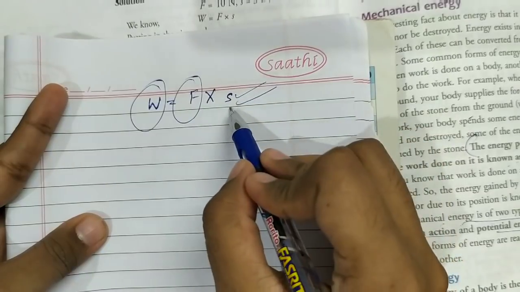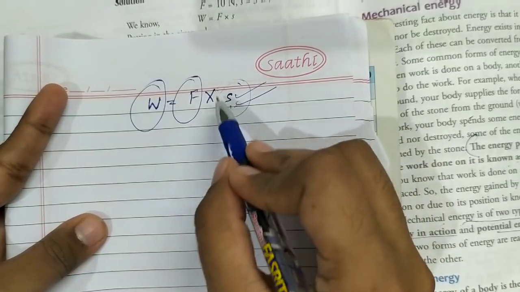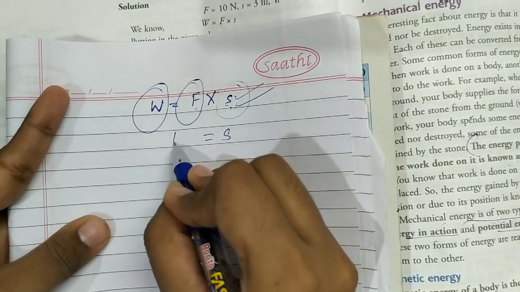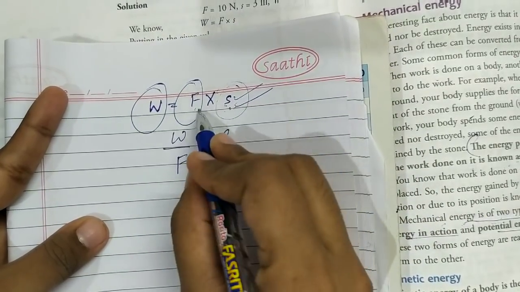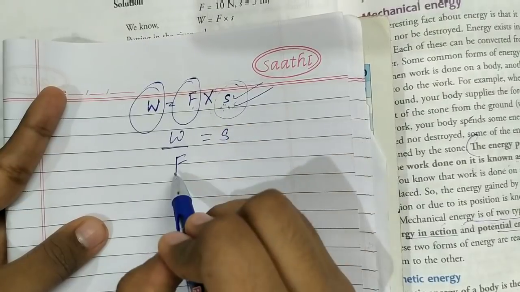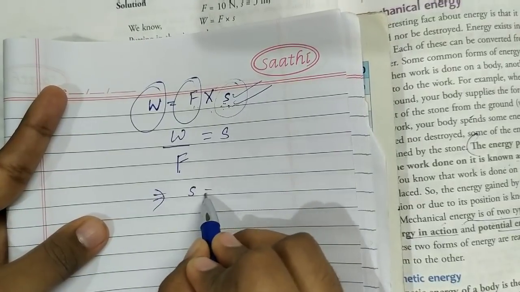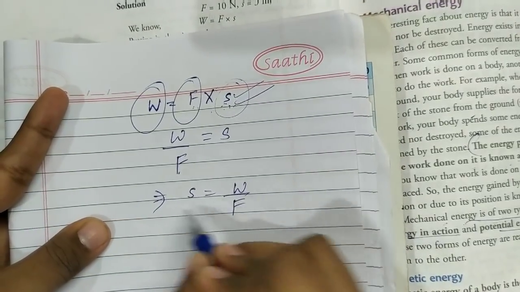To find the displacement, we will make displacement alone. Force is getting multiplied here, so displacement is equal to work done upon force, because when the force comes to the other side, it gets divided. So your new formula becomes displacement equals work done upon force.